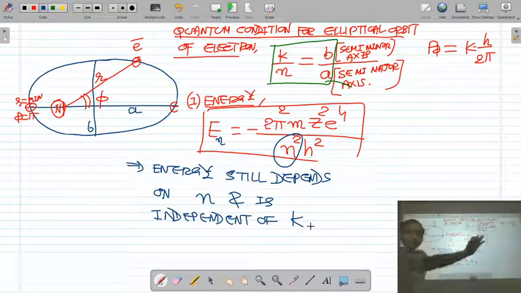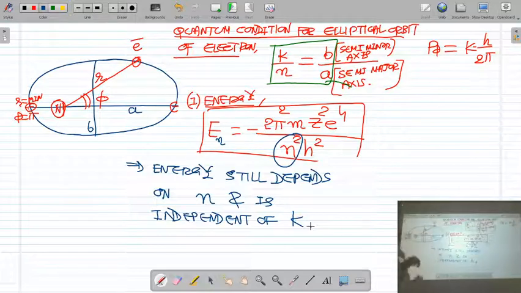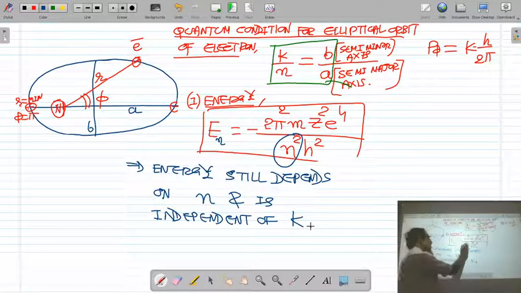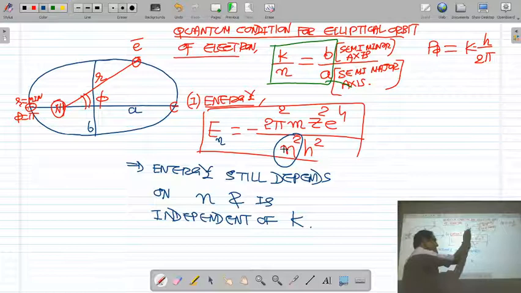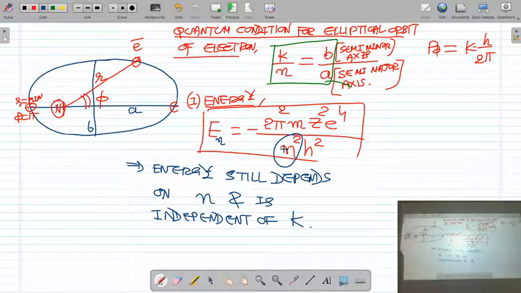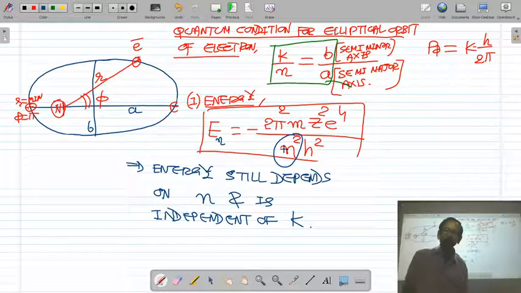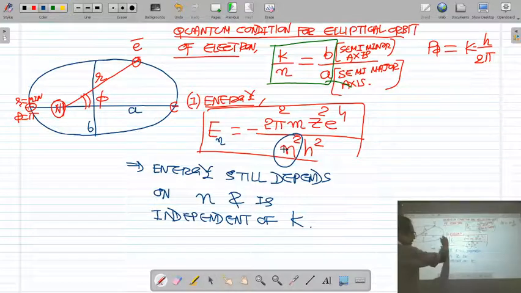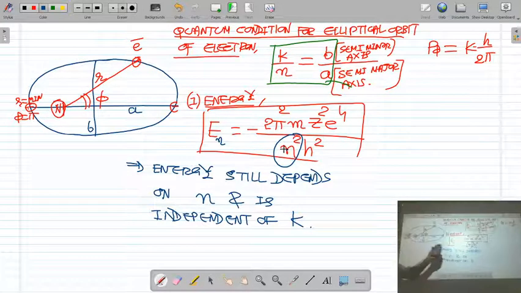So the energy of the electron moving in an elliptical orbit depends only on the principal or total quantum number n, because k is cancelled from the energy expression. It means that the energy level of the electron is not going to split by assuming the elliptical orbit of the electron. So now we have derived a complete expression of energy which is exactly the same as the expression of energy in the case of circular orbits.